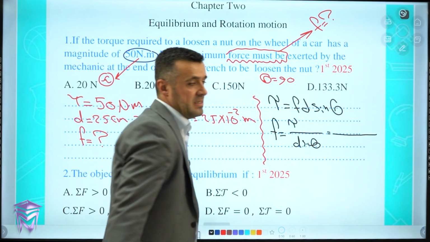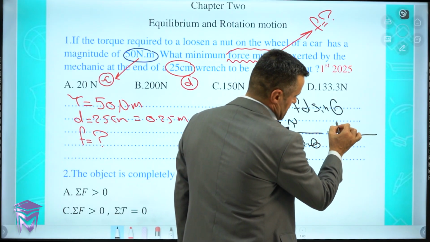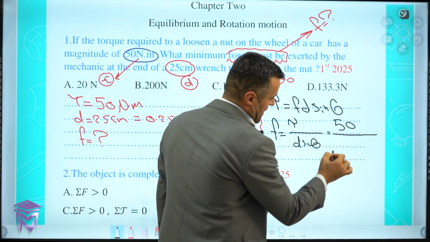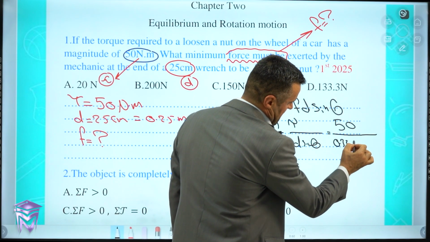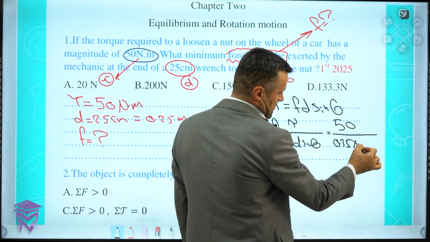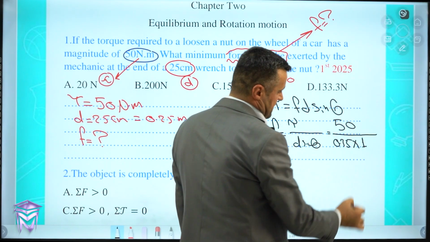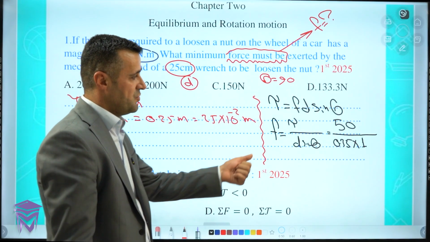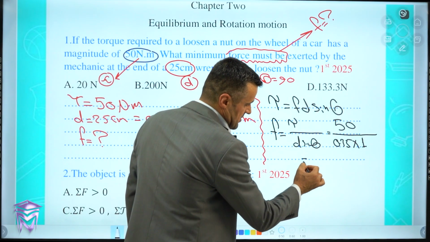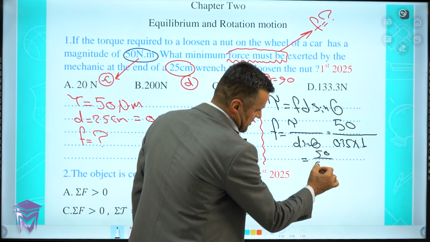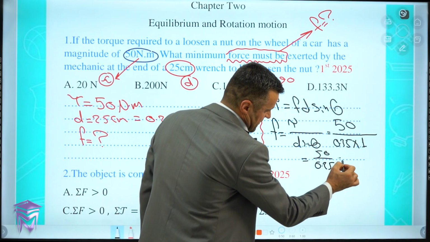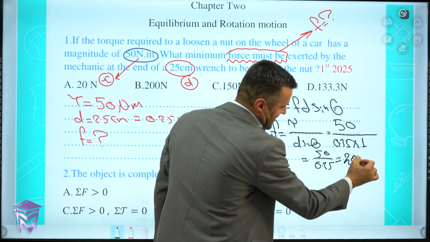Torque we have equals 50 Newton meter. d we have 0.25 times sine 90, which we know equals 1. 50 divided by 0.25 equals what? 200.